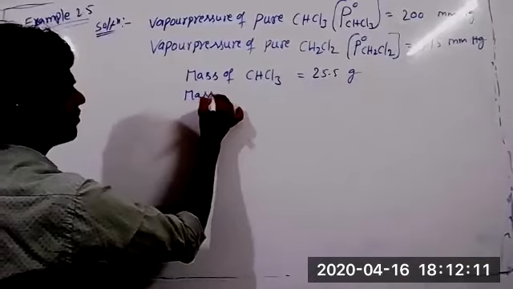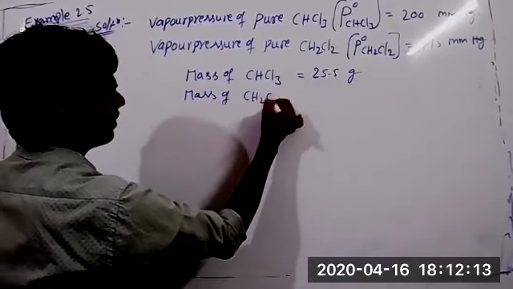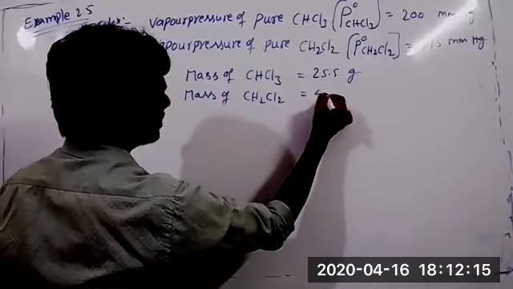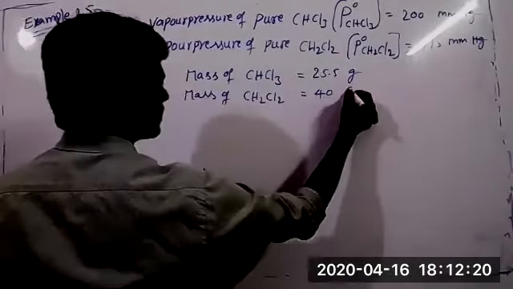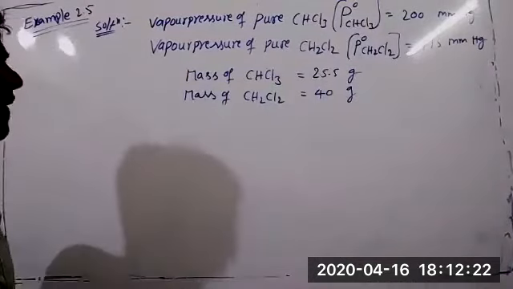Mass of dichloromethane is 40 grams. Okay, this is given information.